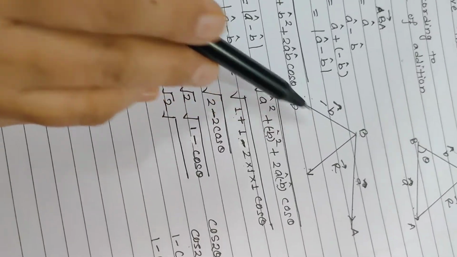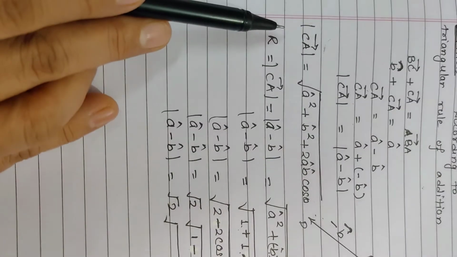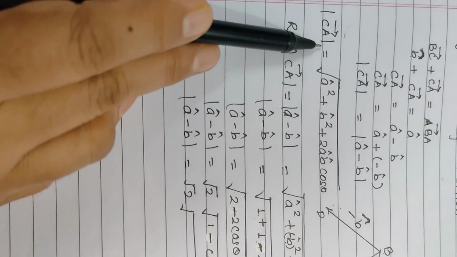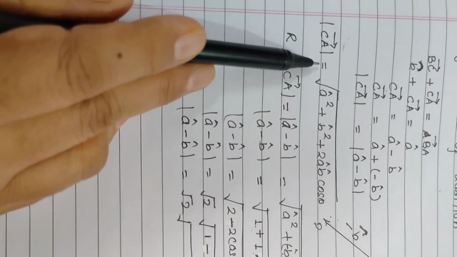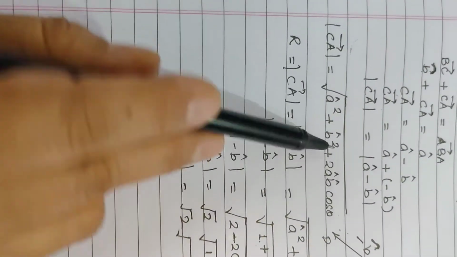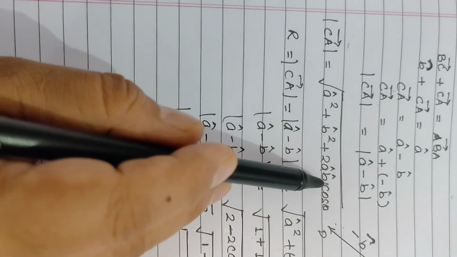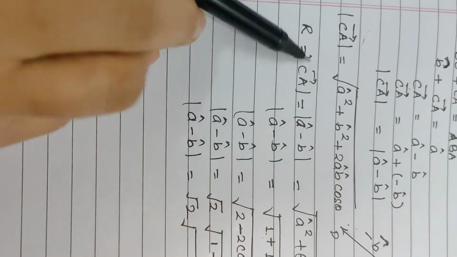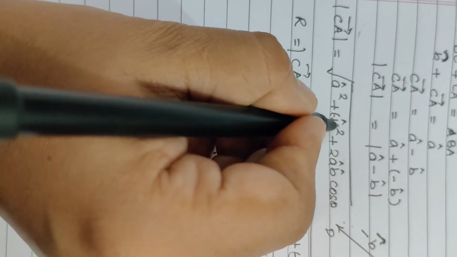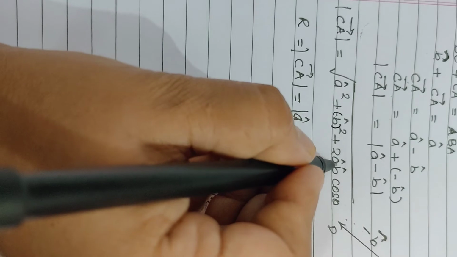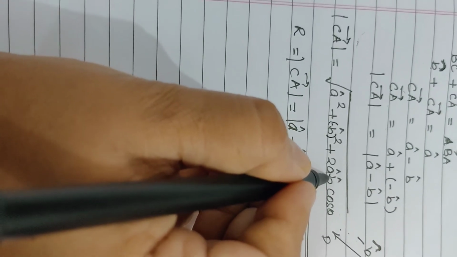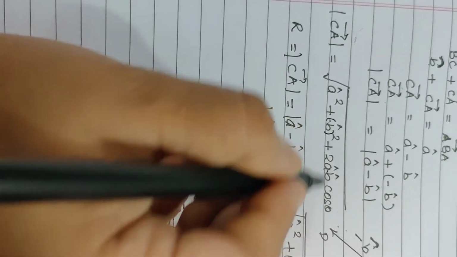Applying the law of parallelogram, this is CA, and the magnitude of CA is equal to the square root of a cap square plus b cap square plus 2 a b cap cos theta. But here the vector is minus b, so I am writing a cap minus b cap, and this term will become minus here.